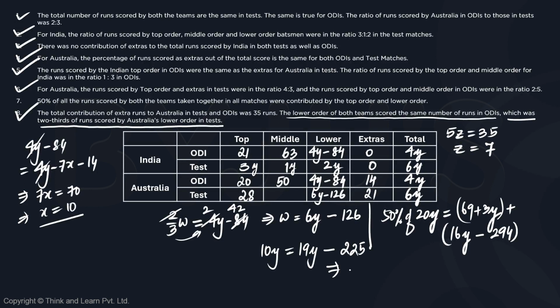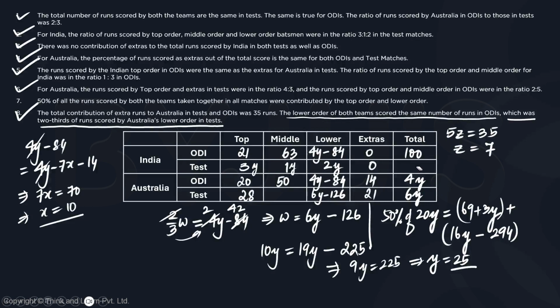This results in 9y as 225, so we will be getting y as 25. 25 into 9 is 225. Now y turns out to be 25. So that means 4y turns out to be 100.